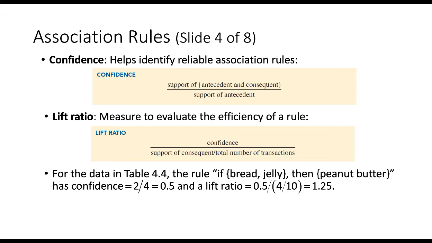Therefore, a lift ratio greater than 1 indicates that there is some usefulness to the rule, and so it is better at identifying cases when the consequent occurs than no rule at all. In other words, a lift ratio greater than 1 suggests the level of association between the antecedent and consequent is higher than would be expected if these item sets were independent.